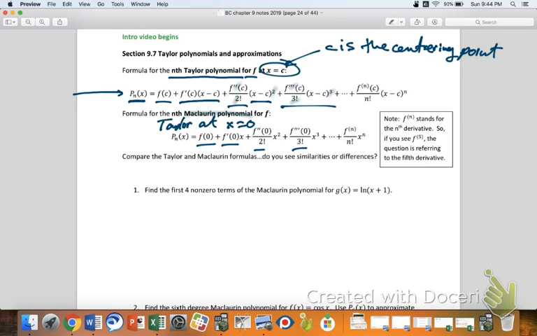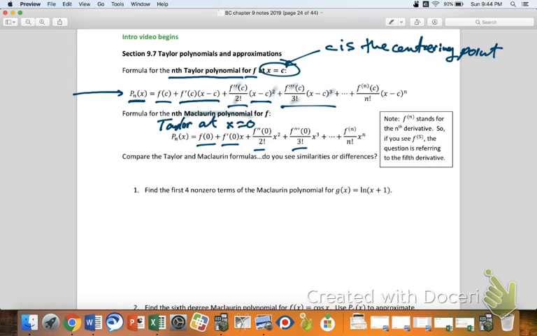You could call it a Maclaurin polynomial, but it really is just a Taylor at 0. I hope you can see the similarities and differences here. They really are the same type of construction, all based on what we did that first day when we looked at series.